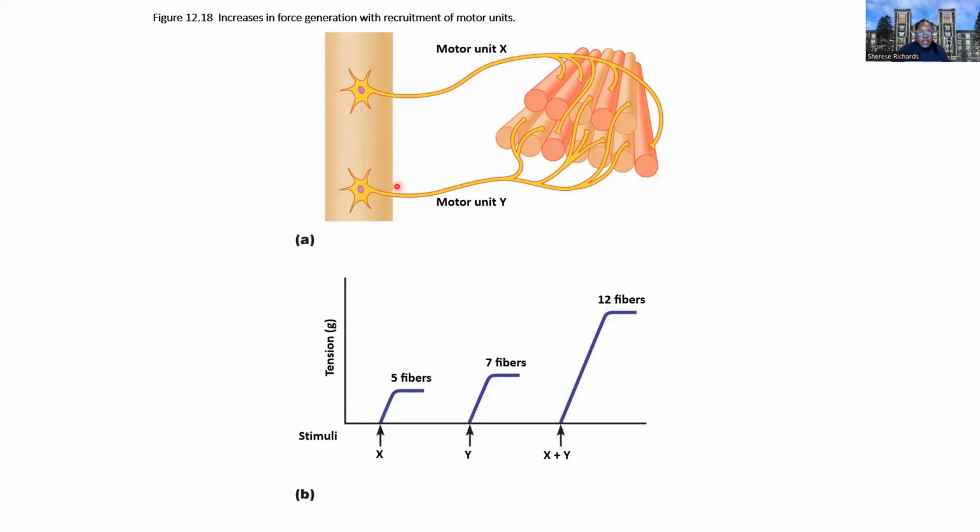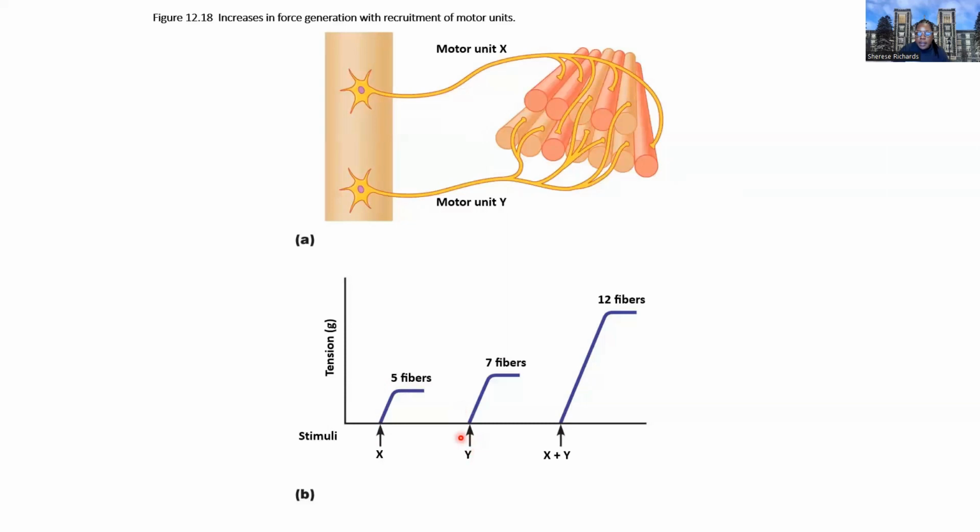All right, so let's illustrate what that looks like here. So here's our spinal cord, here's the motor neuron, here are the fibers that this motor neuron is innervating, which is constituting a single motor unit. So we have motor unit X and motor unit Y. Now, if we think about the amount of force that can be generated by motor unit X alone, where it has 5 fibers contracting, this is the amount of force.